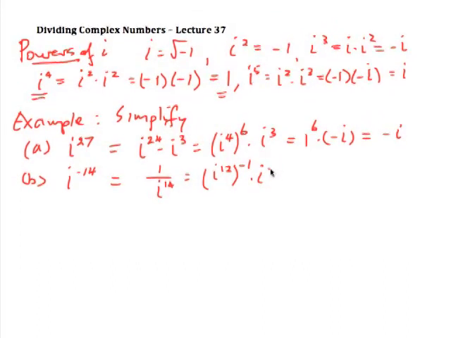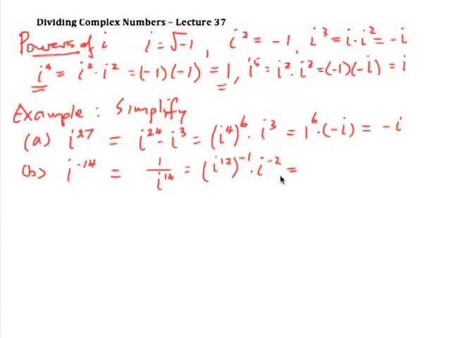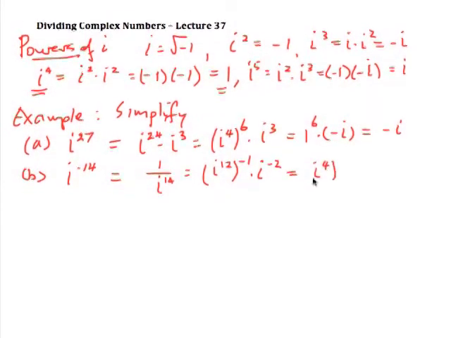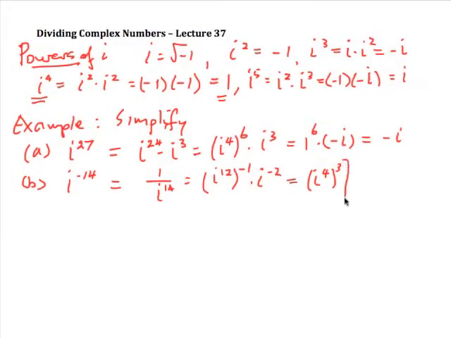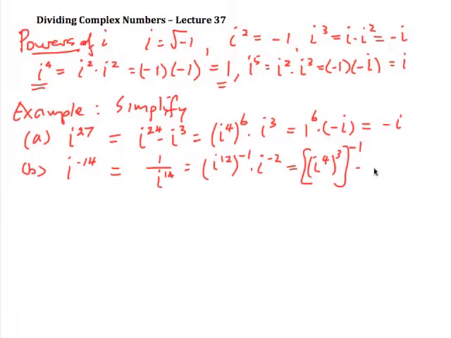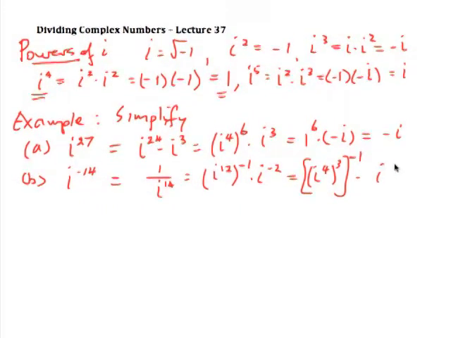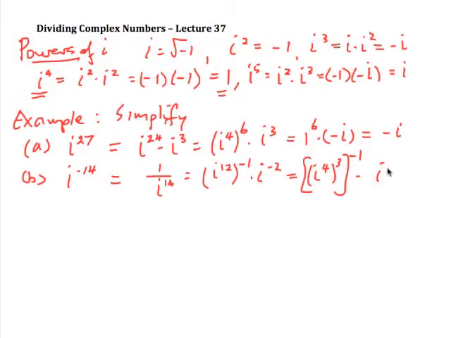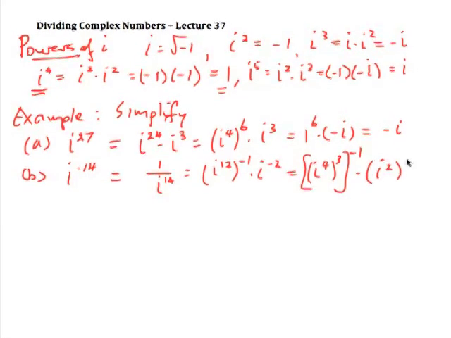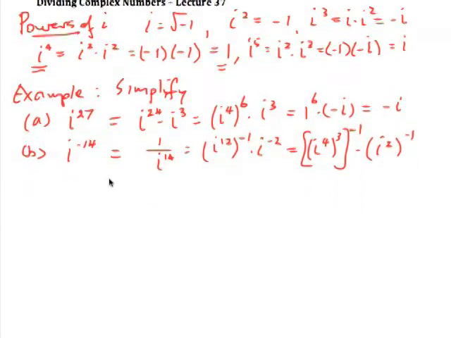There's a number of different ways to do this, so this would be i to the 4 cubed to the -1, times i squared to the -1.